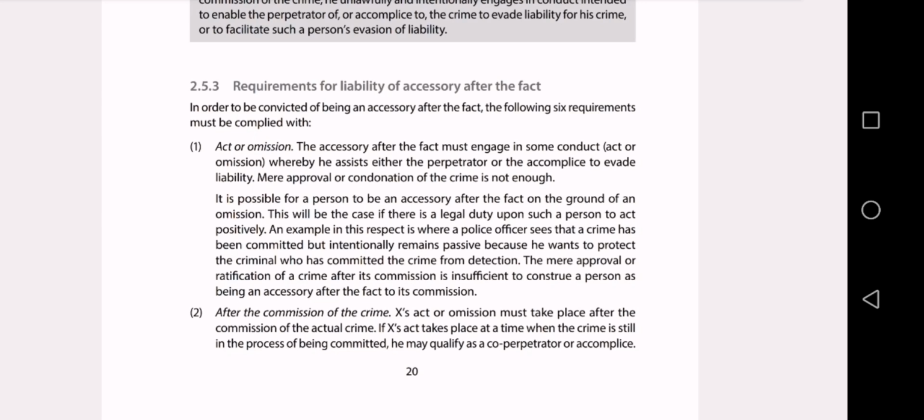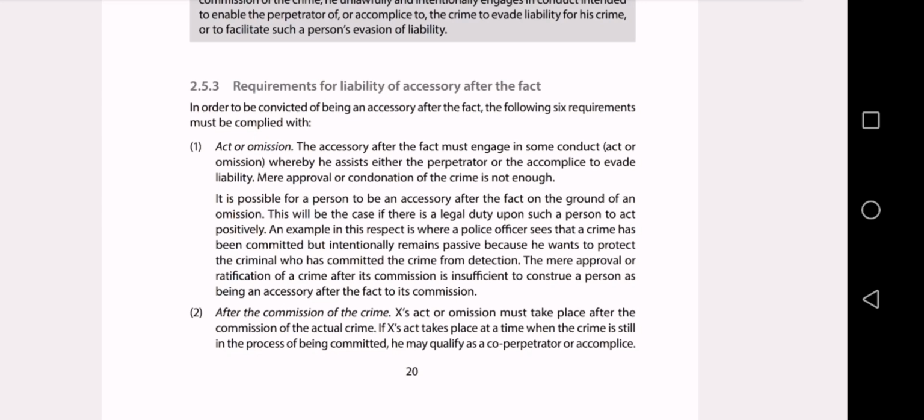It is possible for a person to be an accessory after the fact on the ground of an omission. This will be the case if there is a legal duty upon such a person to act positively. An example in this respect is where a police officer sees that the crime has been committed but intentionally remains passive because he wants to protect the criminal who committed the crime from detection.